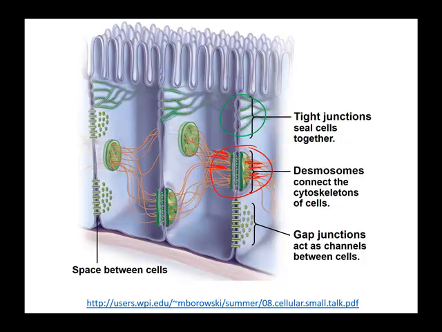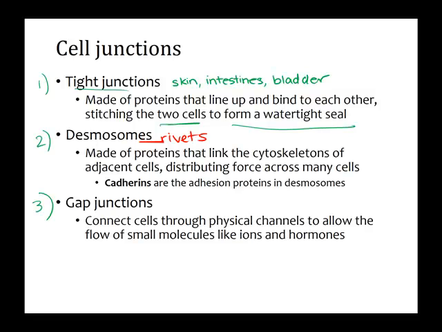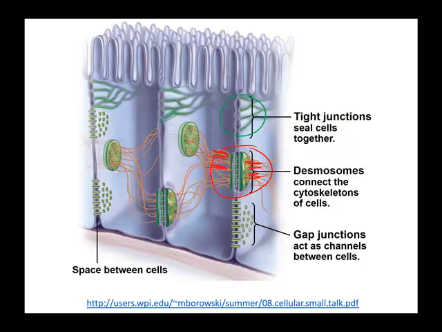There's a lot of strength in here. So desmosomes connect the cytoskeletons of cells together. And desmosomes are made mostly of a protein called cadherins. These are the proteins within desmosomes that actually cause the two sets of desmosomes to stick together. So the cadherins are actually these little green ones in here.